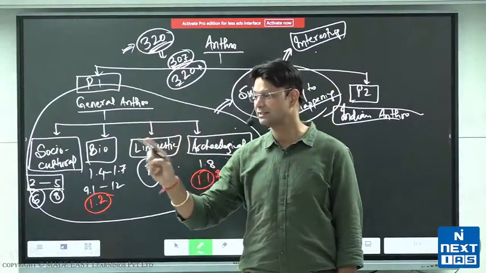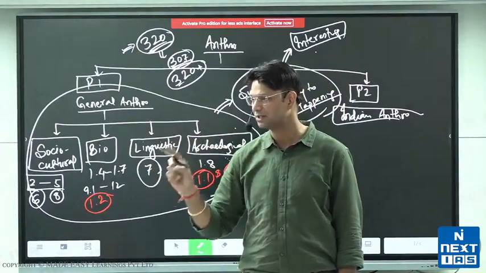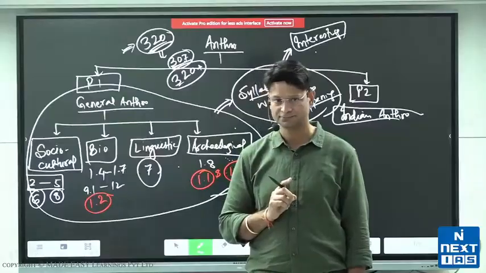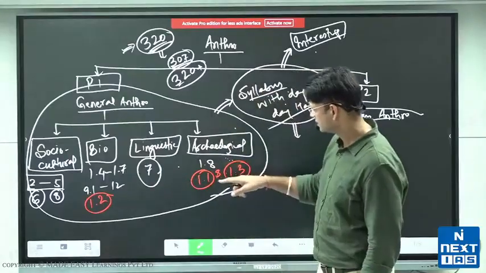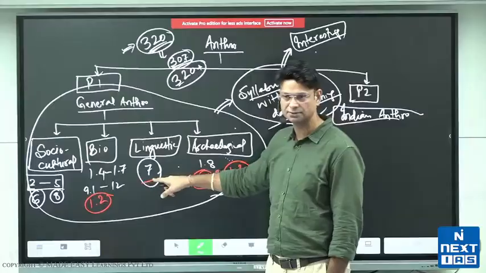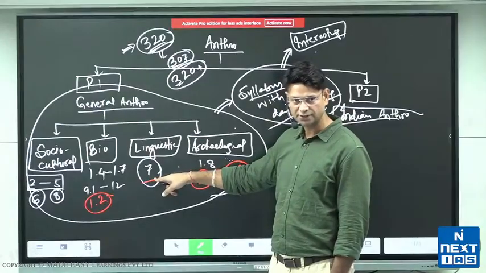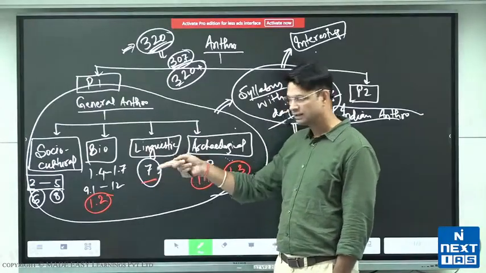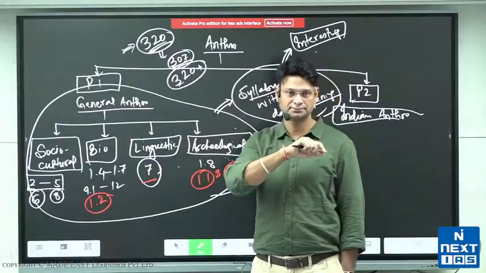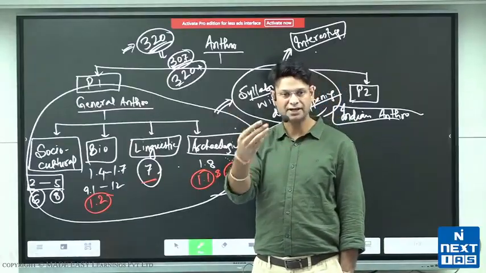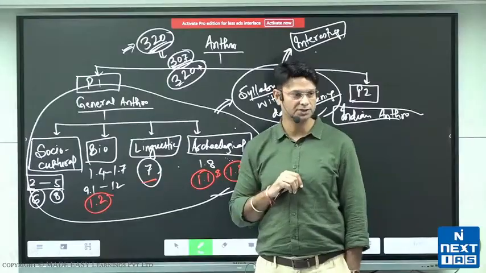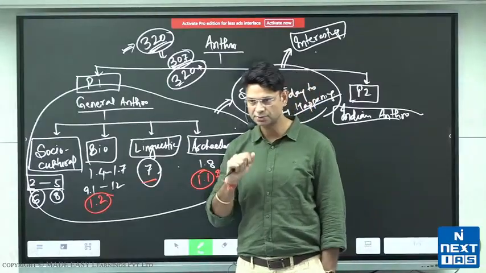Just after the ethnic classification, it must be mentioned linguistic classification. Okay, that linguistic classification would come with language. Understood? And then population, population factors that influence population structure and all. That is also mentioned.